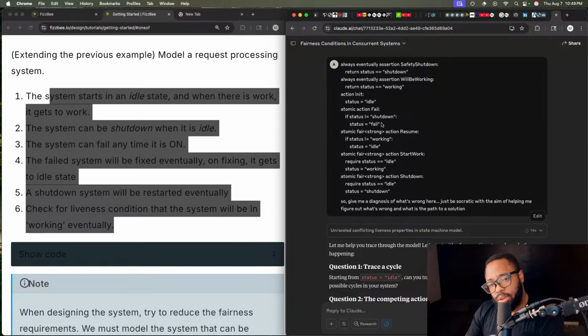If you go to fail, you can keep failing until you cannot, right? Yeah, until you have to go back to idle. Or you can go from working to, I was gonna say resume, but that's not the case.